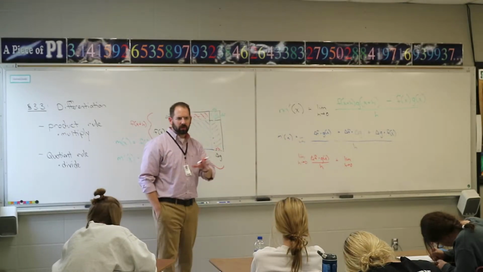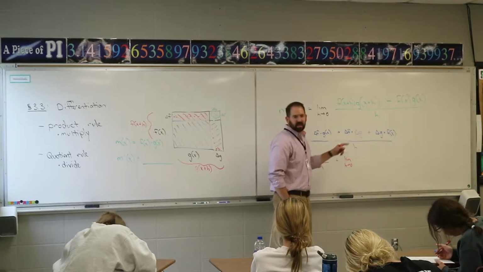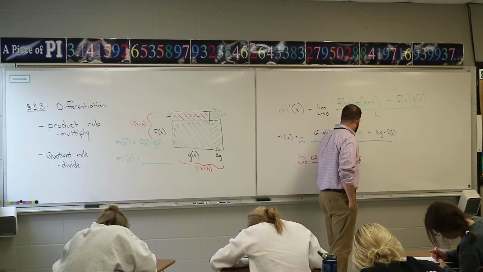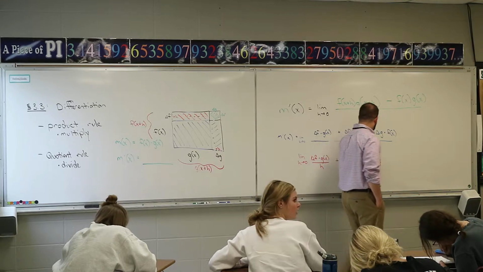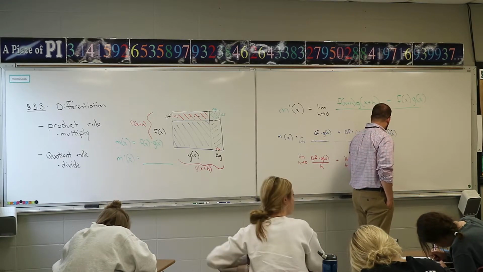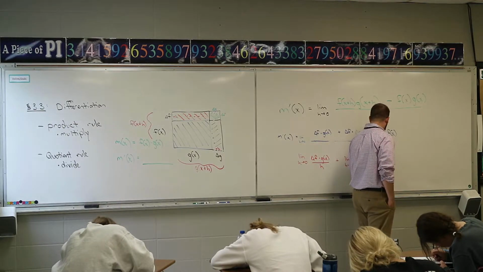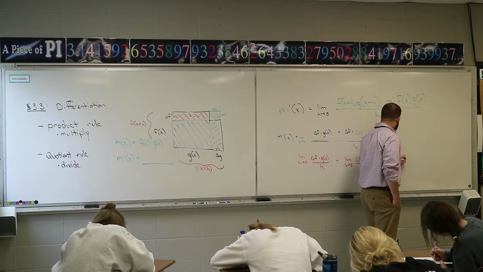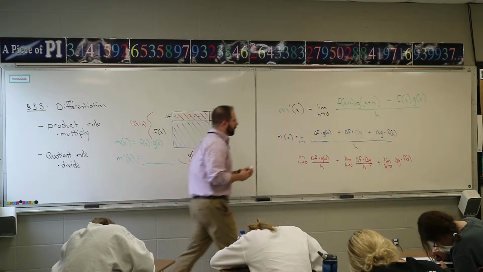Yeah, because we're doing 3 different limits. Why don't I have to write this part down? Because this is gonna get me to my shortcut. Plus the limit as h approaches 0 of delta g times f of x over h.